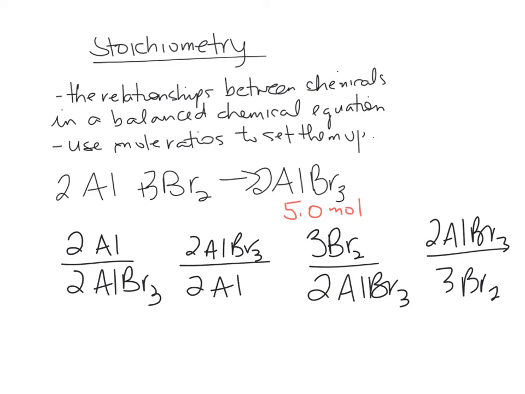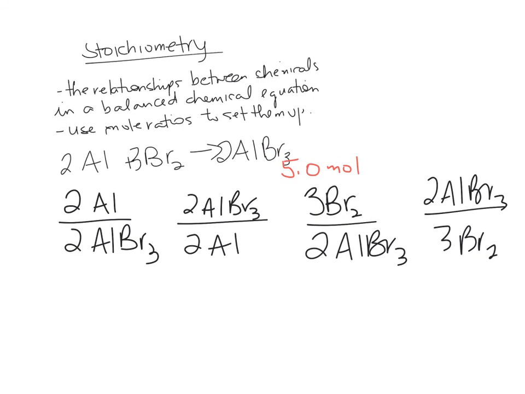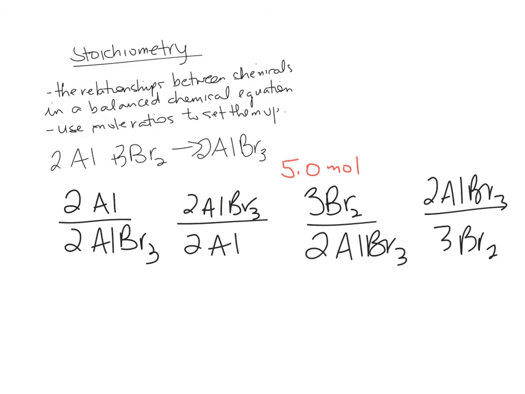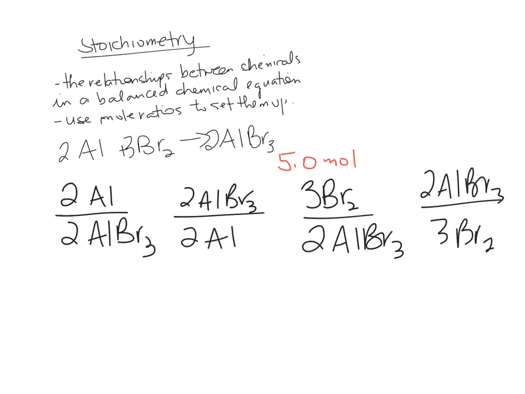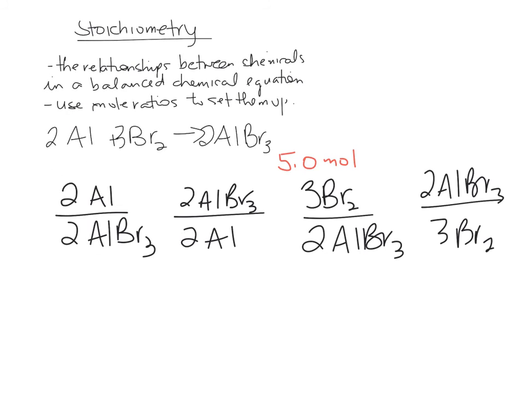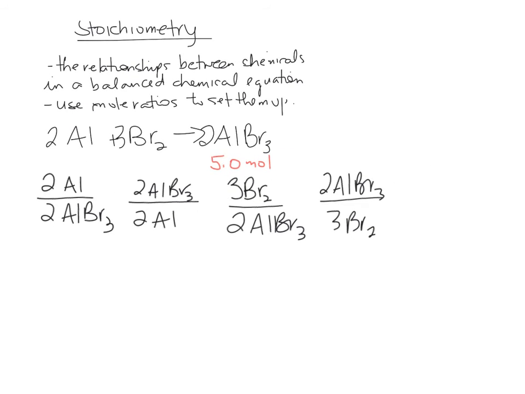You can use mole ratios to figure that out. So to show your work, 5.0 moles of aluminum bromide. Make sure you put in your AlBr3.